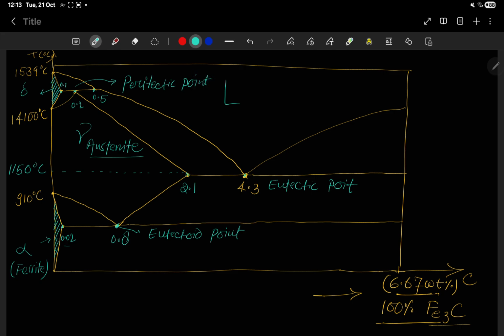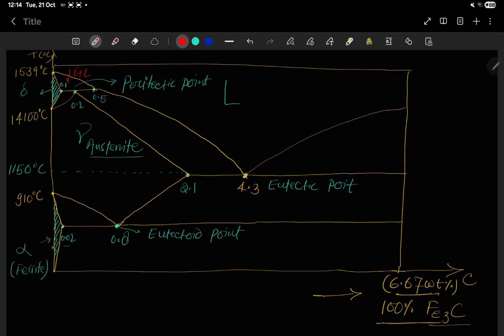So now let's try to write what phases are present here. So this is liquid phase, this is delta phase. So guys, can you tell me what phase will be this? I hope it is clear from the lever rule that it will be delta plus liquid phase.